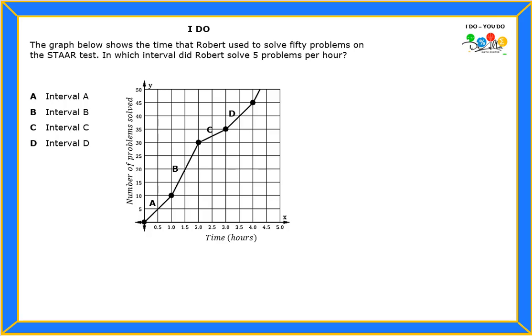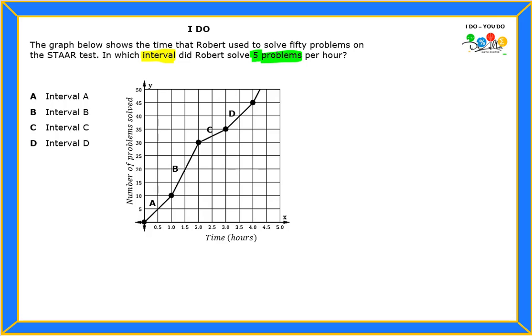Well, I can see interval right here. In case you don't know what that means, interval is the space between two objects. In our case, it's going to be the space between 2 points. What else do I have in the problem? Well, I see a 5, and this 5 is the problems that you do.